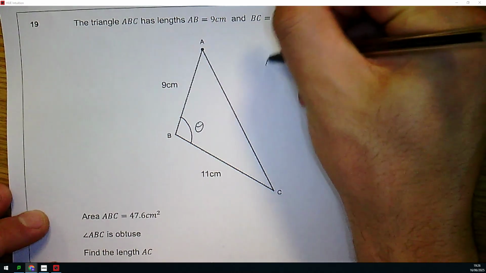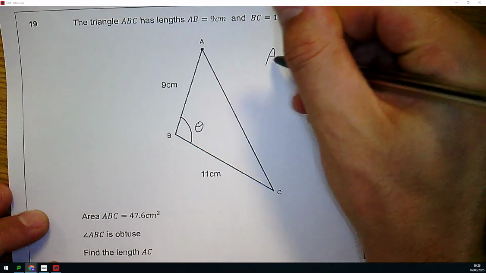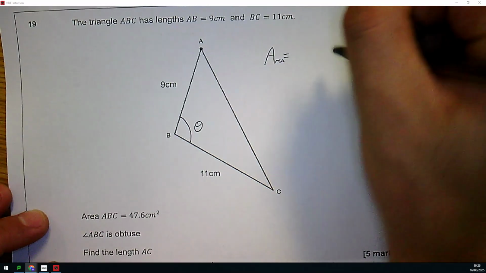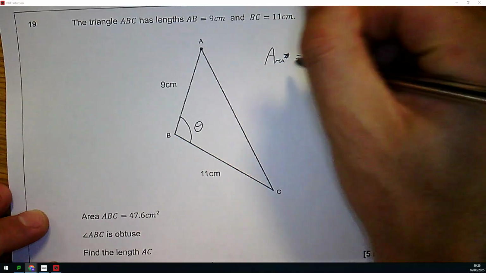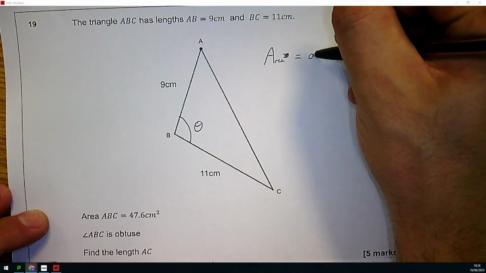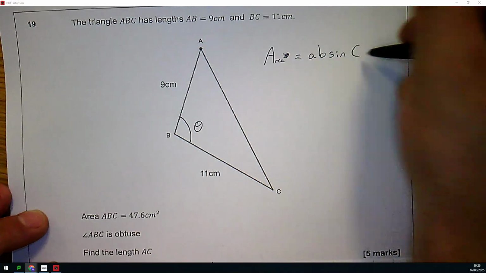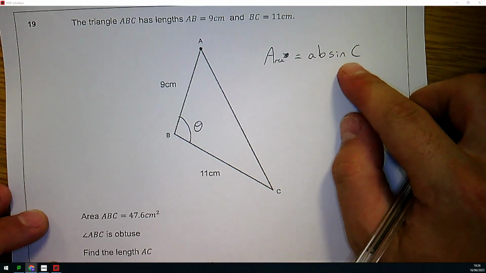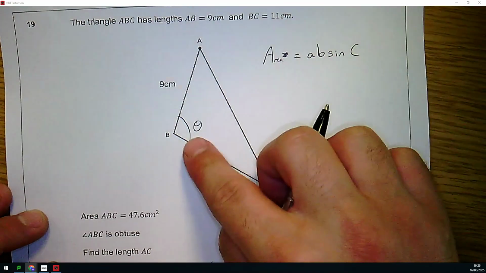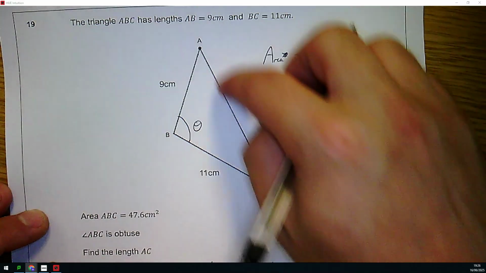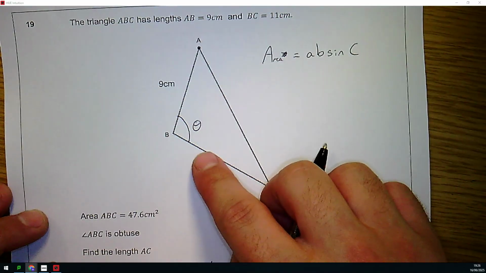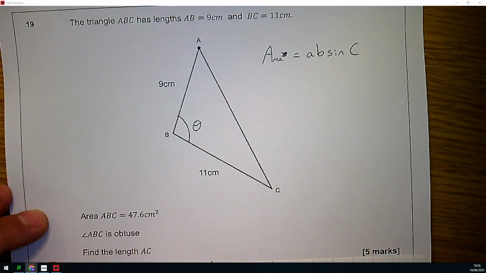Our formula for the area of a scalene triangle is the area is equal to half ab sine C. But really that just means the angle in between two lengths, which we have here. And then to find this opposite side, once we've found the angle, we're probably going to need to apply the cosine rule.